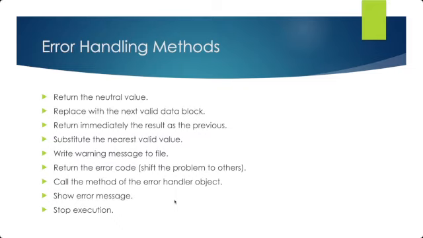The next method is return the error code. If we don't know what to do with this problem, we can just return the error code and push the problem to the next level of the system. Other developers should work with this problem, because now we just don't have any information on what we can do with it.